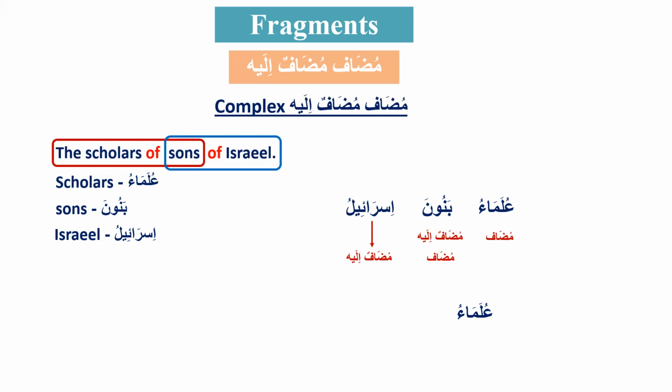Rafa, nasab, jar. So ulama, banina. Do you need to make any more changes or is this it?